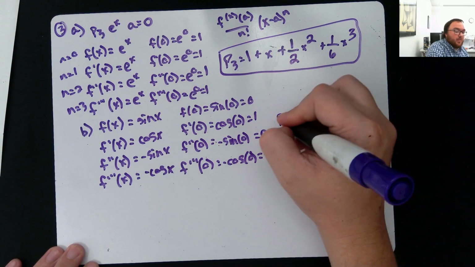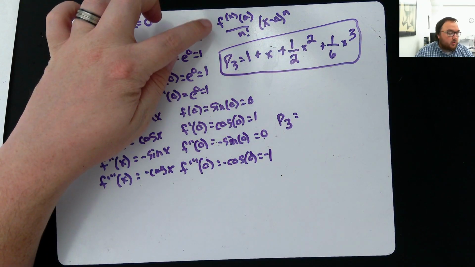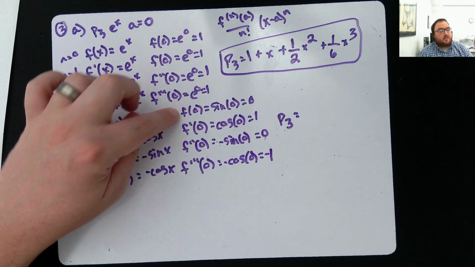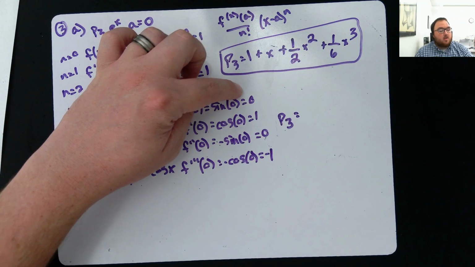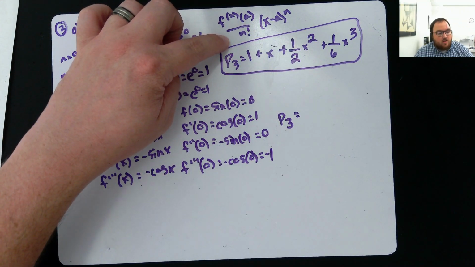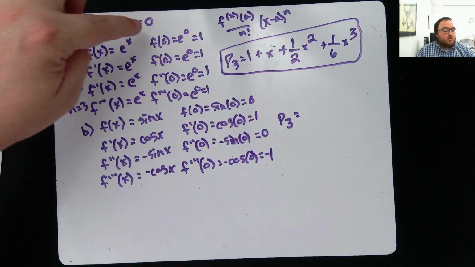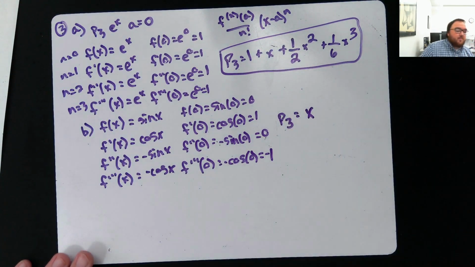So when I'm doing P3, the first part is just going to be the function at 0, which we said was equal to 0. So I don't even need my first term. My next one's going to be 1 over 1, which is just 1, times x minus a to the first. My a is equal to 0, so it's just x to the first, which is just an x.